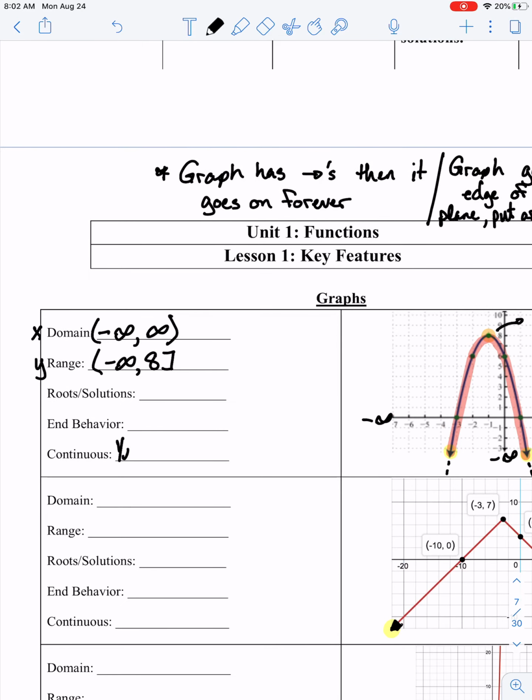So I would say this is continuous. I didn't lift my pencil, or there are no breaks in the graph.